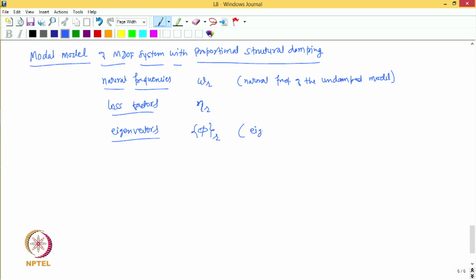This is nothing but the eigenvector of the corresponding undamped model.